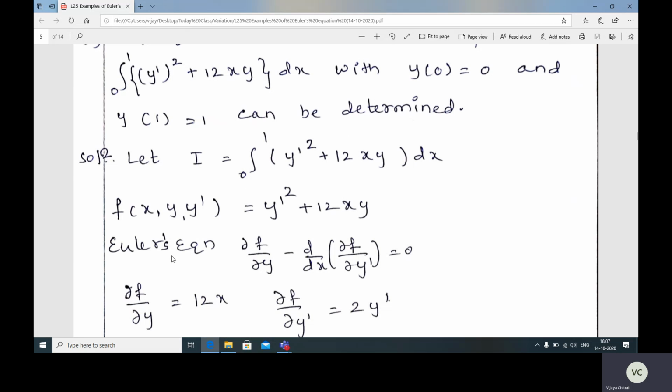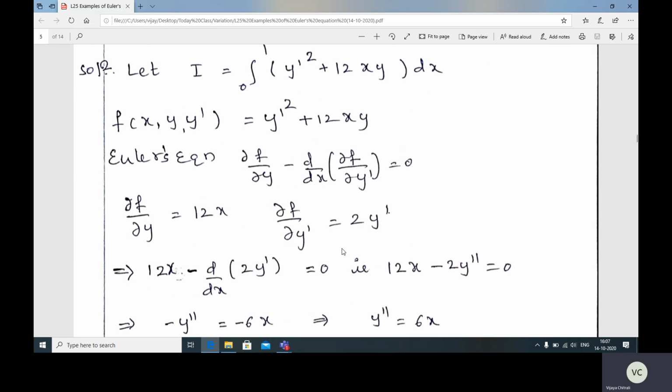Now Euler's equation, what do we have? Dou f by dou y minus d by dx of dou f by dou y dash. We need to find dou f by dou y and dou f by dou y dash. So dou f by dou y will be obtained by differentiating this partially with respect to y, keeping the other variables x and y dash as constants. So this is constant, so this will be 0, and here 12x is constant, and y with respect to y is 1.